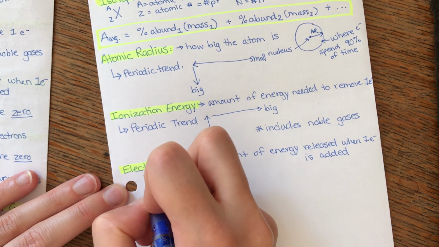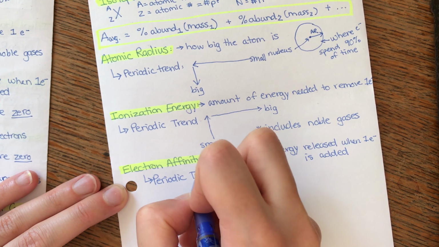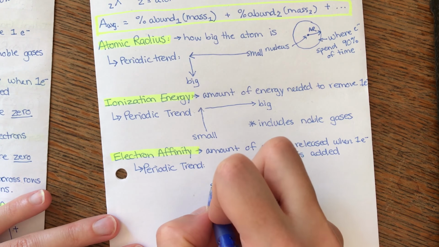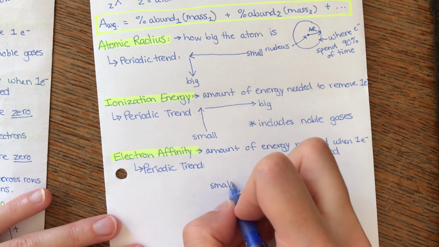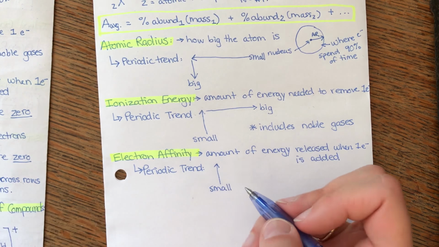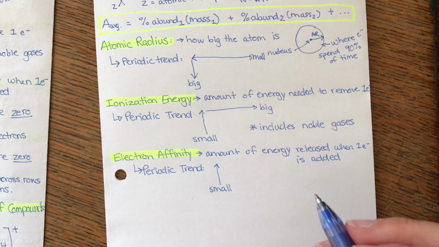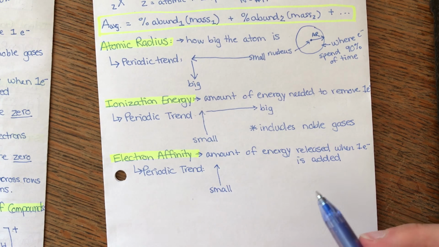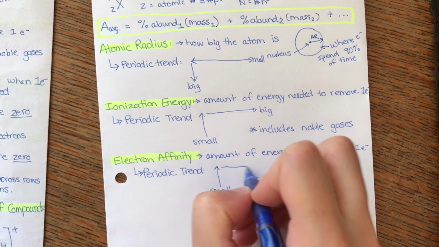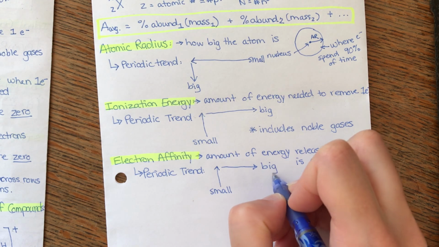So the periodic trend is going to increase. So the electron affinity increases as you have fewer shells, because you have electrons being closer and closer to the nucleus. So when you add an electron, it helps them to relax more. It also gets bigger as you go from left to right, because the Zeff is increasing.